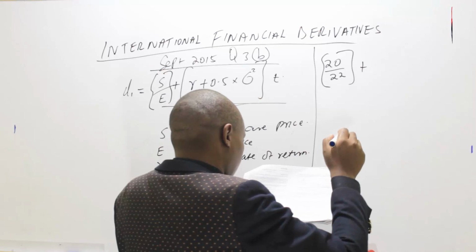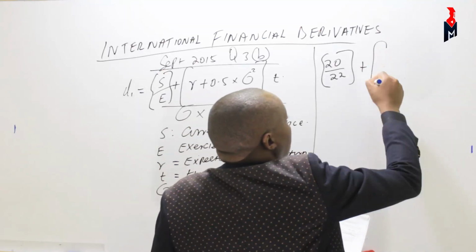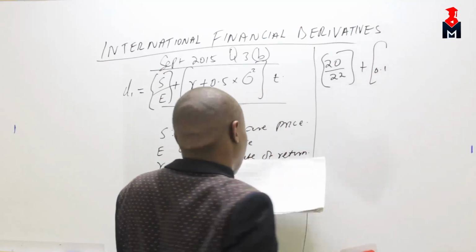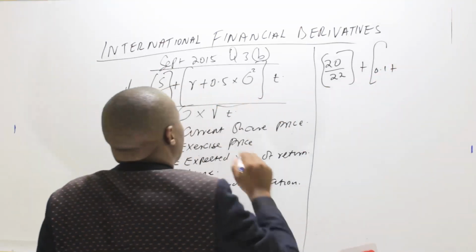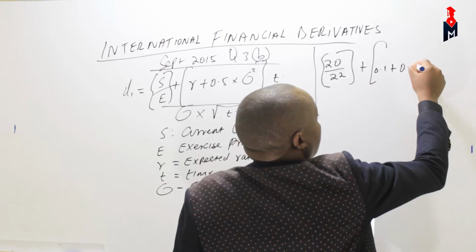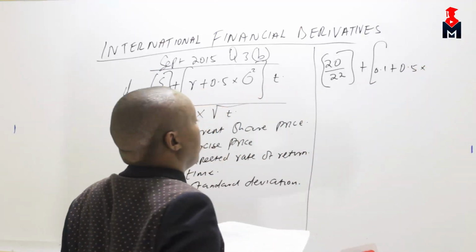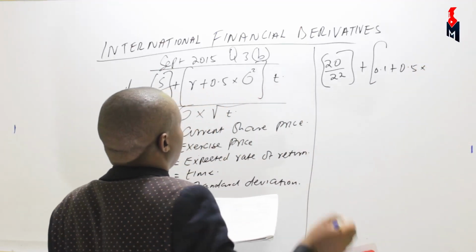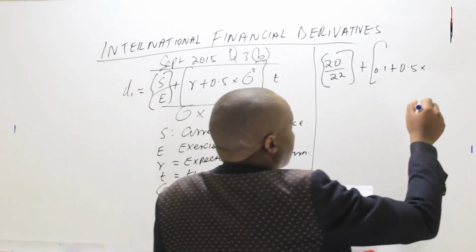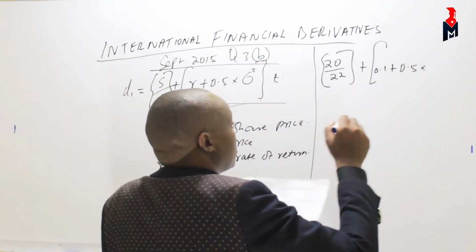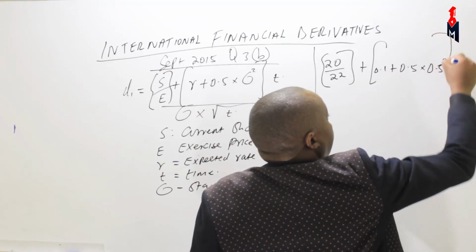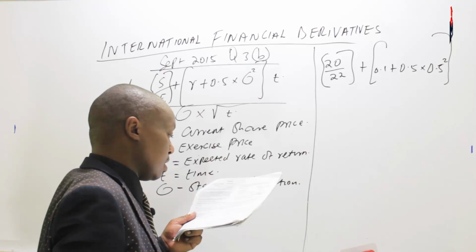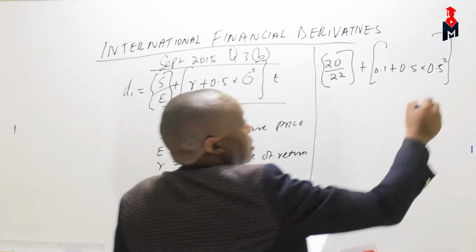The rate of return is 0.1, plus 0.5 times the standard deviation squared. The standard deviation in this case is 50%, which is 0.5 squared, then times T.